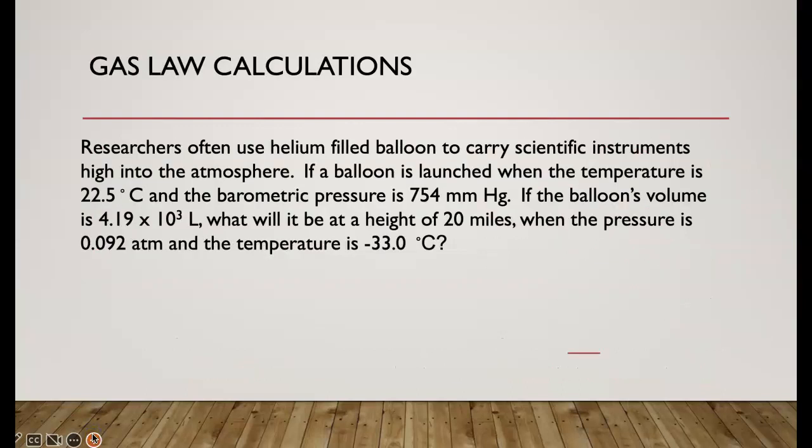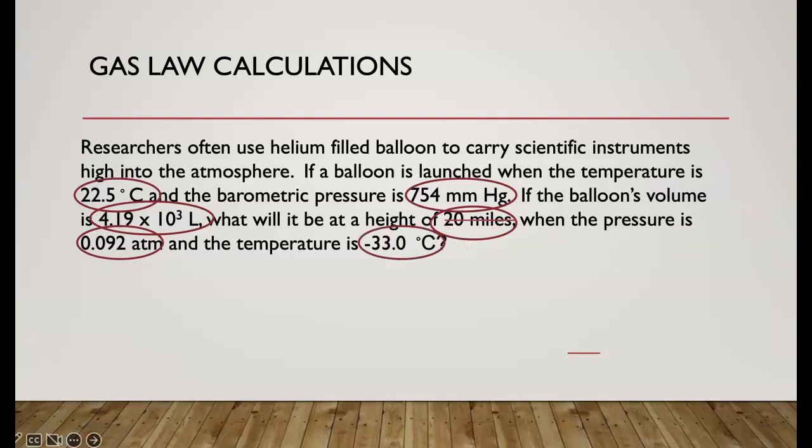And here's an opportunity for you to practice just that. So great time to pause the video. And once you take a look at all of your given pieces of information, of course, there's some you're not going to need, like the 20 miles above the surface.